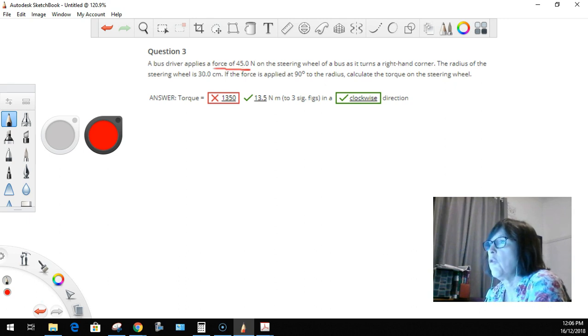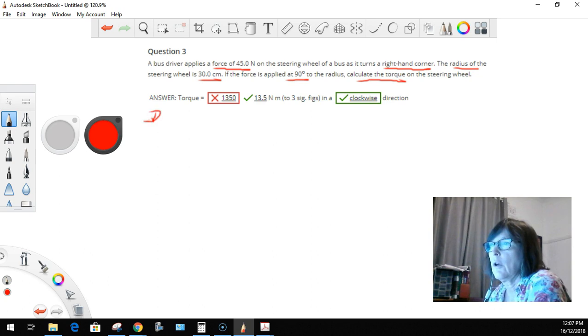We've got force. A bus driver applies a force on a steering wheel as it turns a right-hand corner. The radius of the steering wheel is 30 centimeters. The force applied is at 90 degrees to the radius. So what we want to find out is torque.